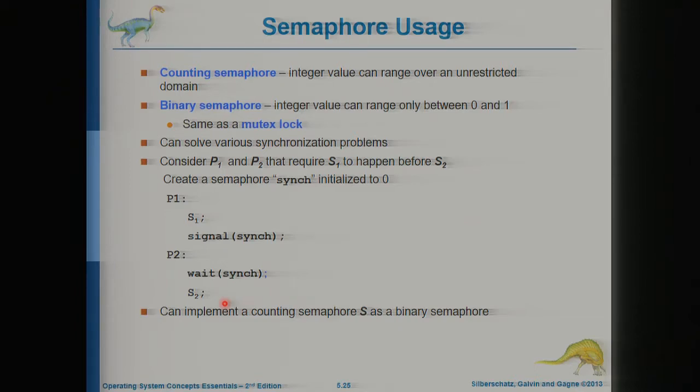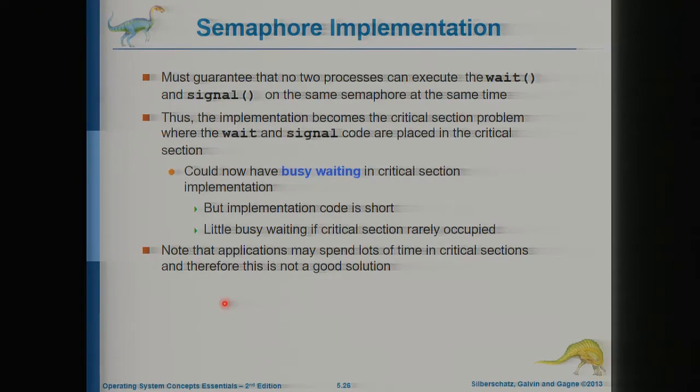So this needs semaphore waiting queues. Note that an application may spend lots of time in critical sections. The solution is that with each semaphore there is an associated waiting queue. So if there is semaphore S1, we'll have one waiting queue for S1. If there is semaphore S2, we'll have another waiting queue for S2.